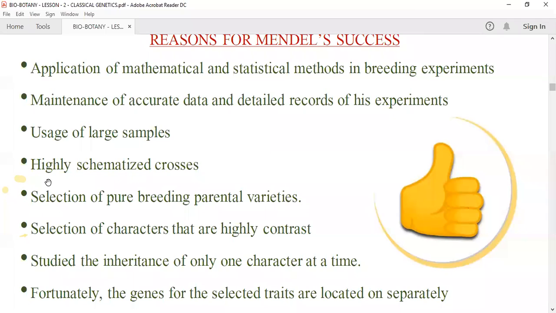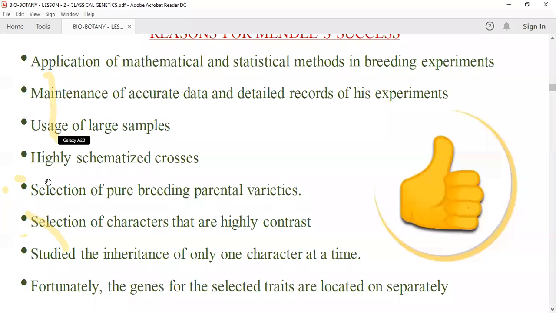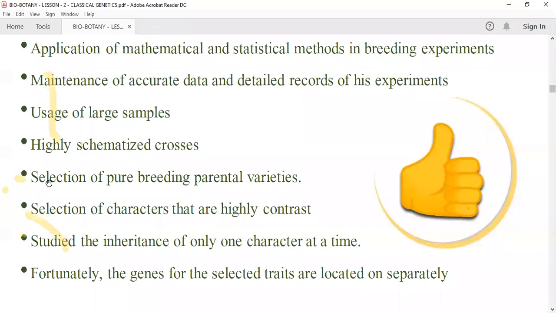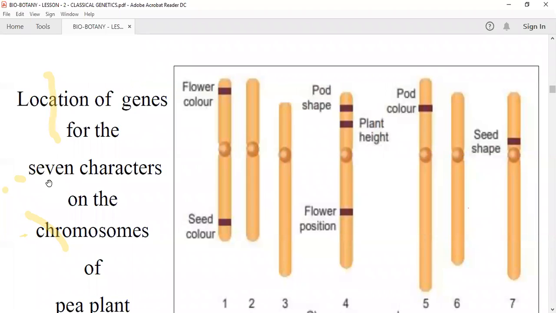And then fortunately, the genes for the selected traits are located separately, which we have to see next. So why his work is a success relates to the location of the genes. Last year we studied the structure of the chromosome, and I already told you one term, the locus. The locus means the place of a gene located in the chromosome.